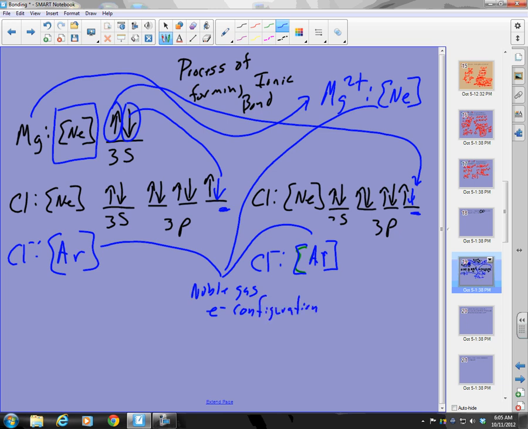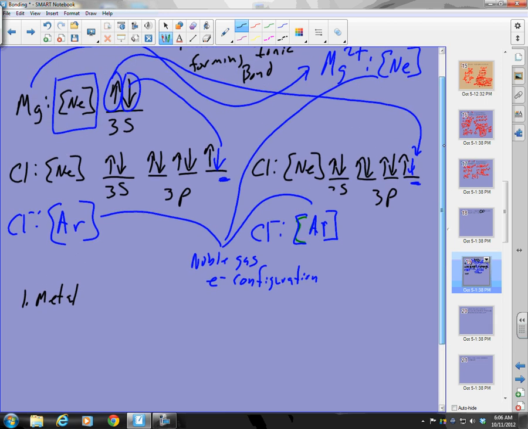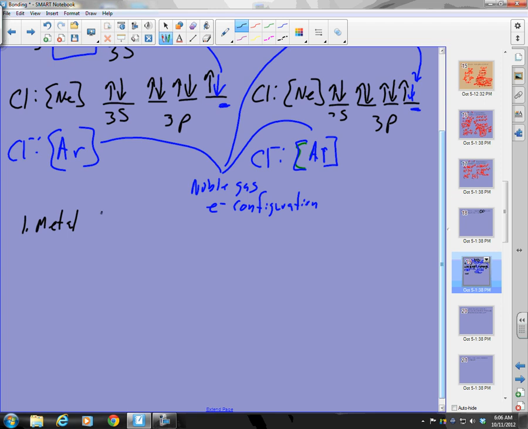Okay, so visually that helps us a little bit. Now let's actually talk about the steps. Step number 1: what happens to my metal? The metal loses electrons and becomes a cation. Good. What happens to my nonmetal?